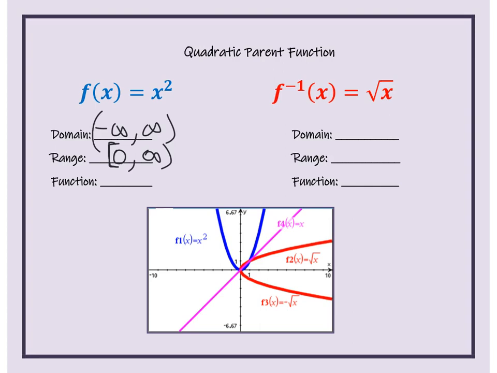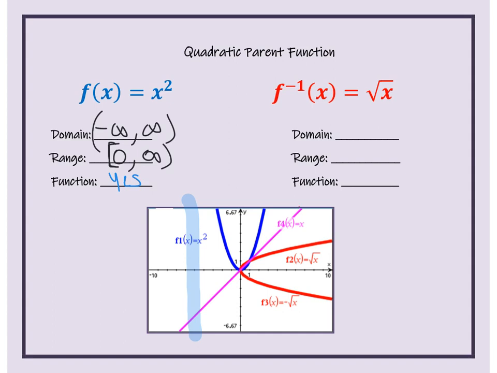Is my blue one a function? So again, vertical line test. You get your pencil, you do a vertical line, and you cross through the blue, and you see if your blue crosses more than one time. And it doesn't. So quadratics are functions. Now, let's look at the red one. Is the red one a function?